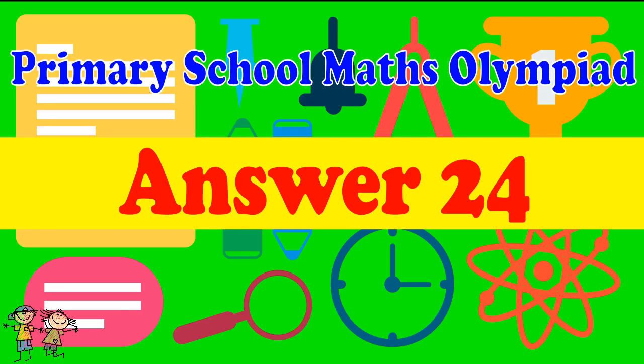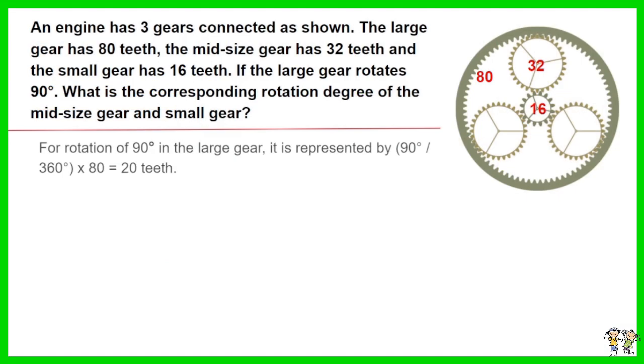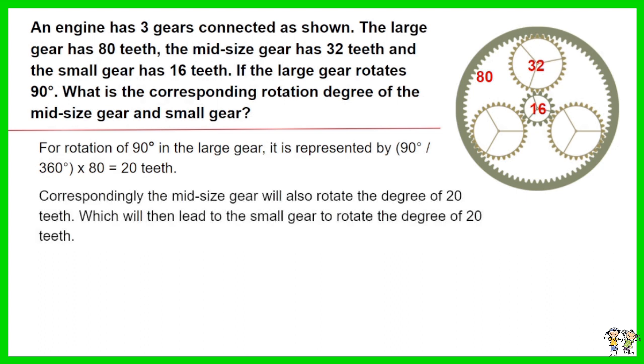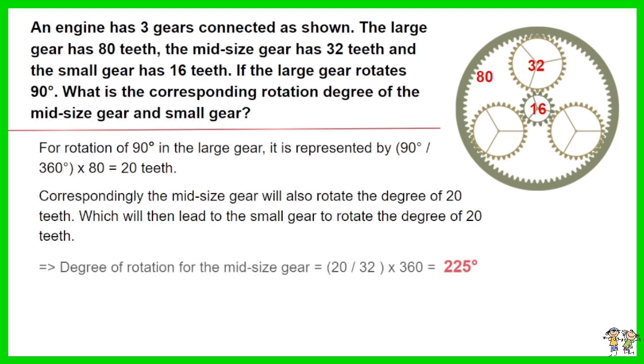Answer for question 24. For rotation of 90 degrees in the large gear, it is represented by 90 degrees divided by 360 degrees, then times 80 equals 20 teeth. Correspondingly, the mid-size gear will also rotate 20 teeth, which will then lead to the small gear rotating 20 teeth.